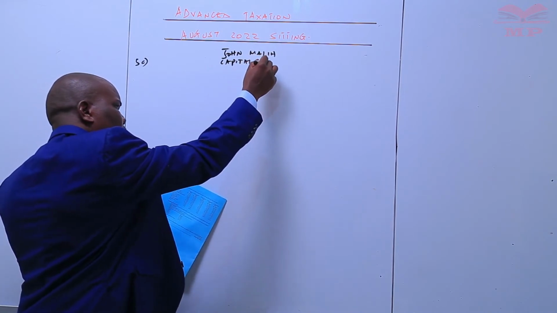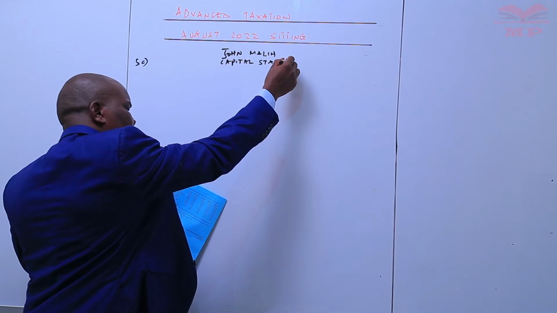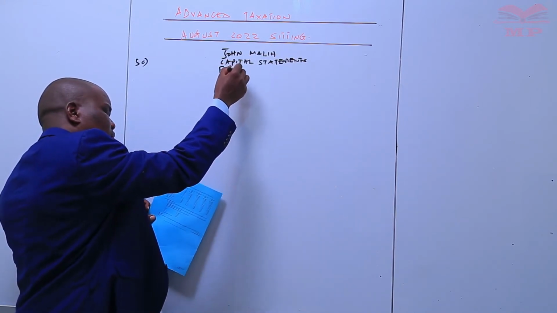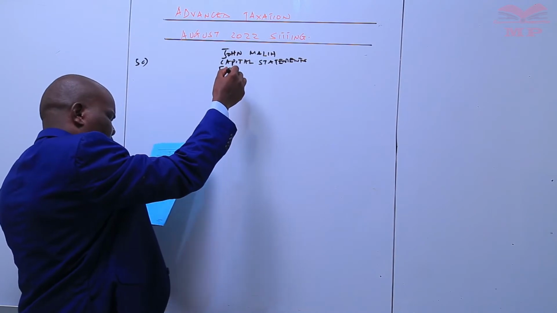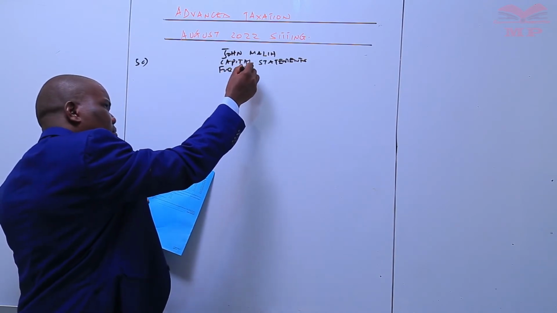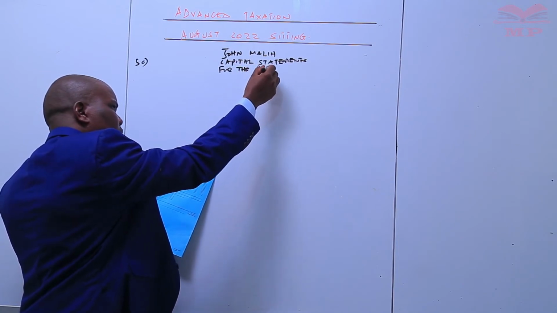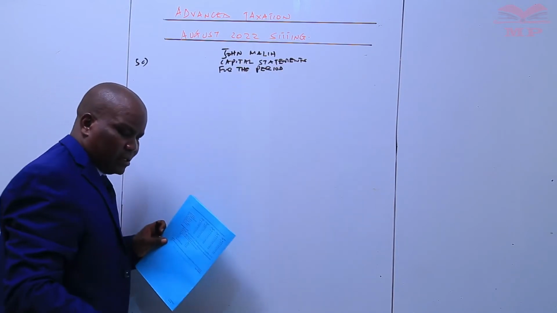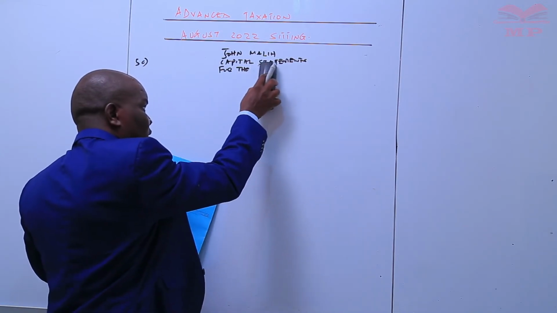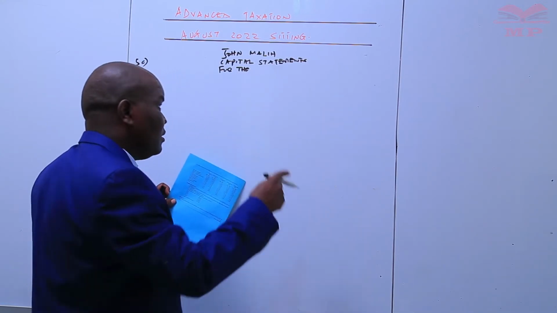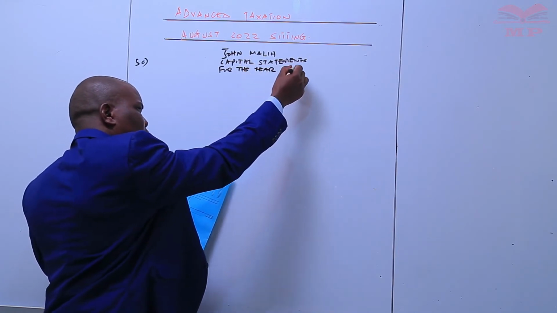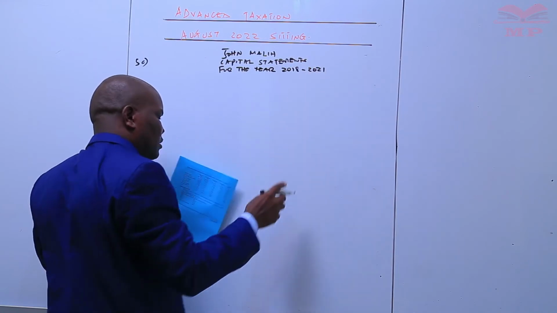Capital statement for the period, or rather we can say for the year. In this case, the periods are in years. Let's say for the year 2018 to 2021.